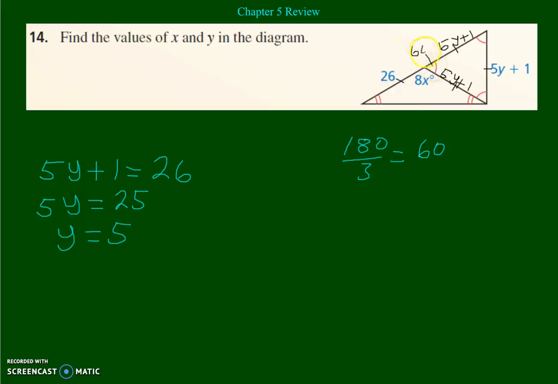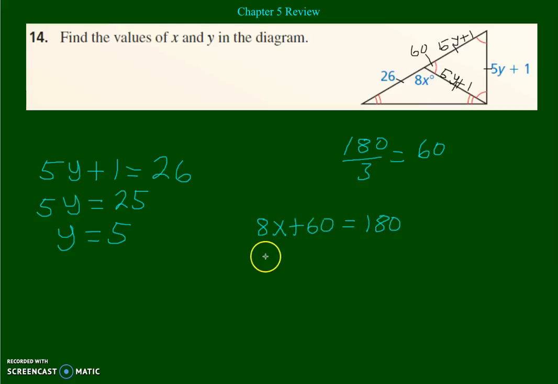This is 60. Now look at these two angles here. These two angles form a linear pair. So I know that this angle plus this angle adds up to 180 degrees because linear pairs are supplementary. So now we have a fairly easy way to find our measure of x. Okay, so let's go ahead and write 8x plus 60 equals 180.